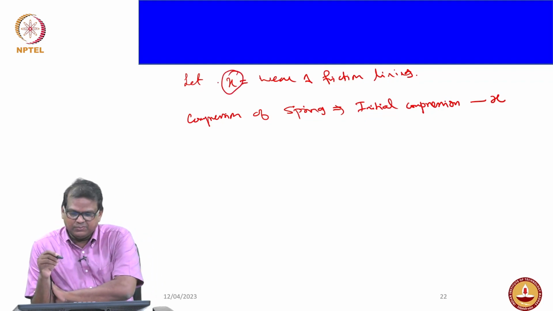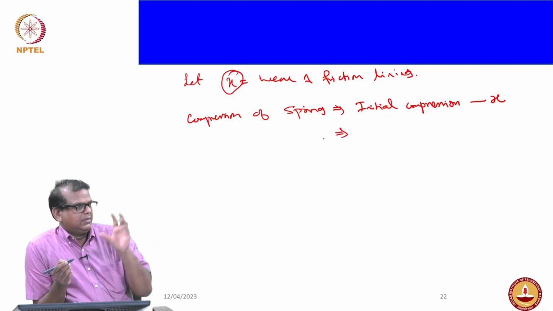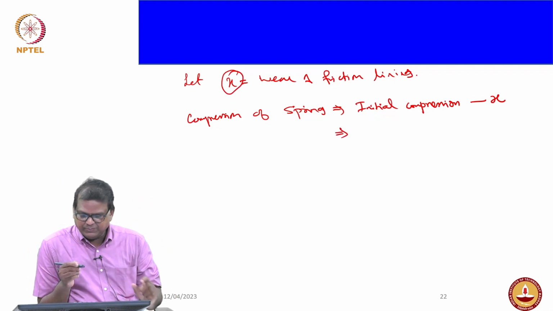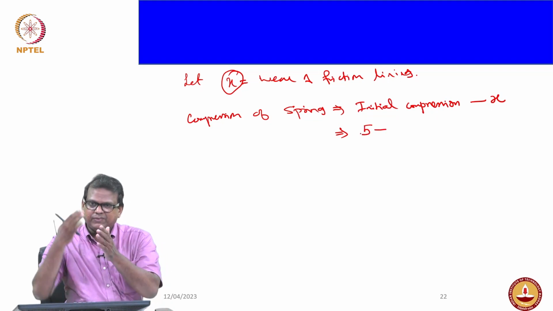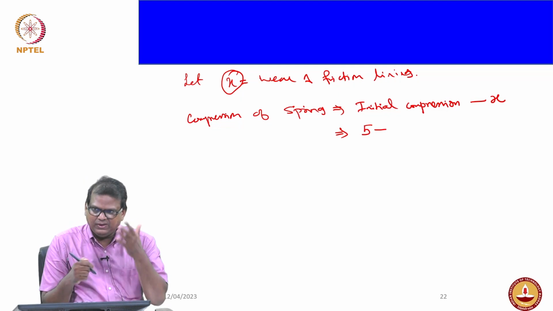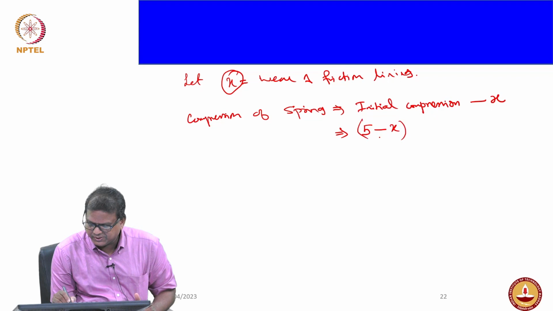The initial compression is given, 5 mm. So from 5 mm a certain amount has to wear out, then only the slip will occur. So 5 minus x, this is what is happening.